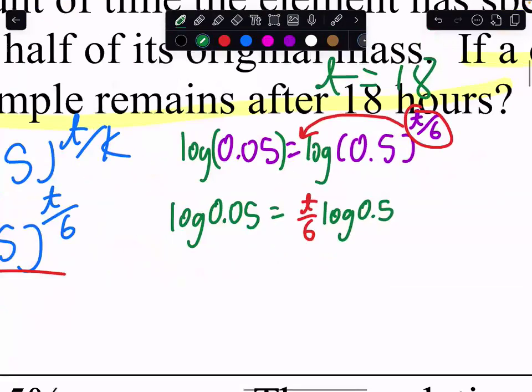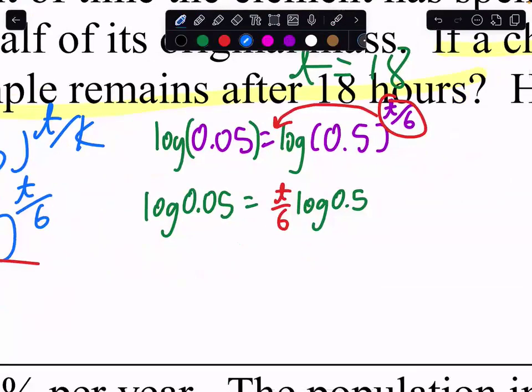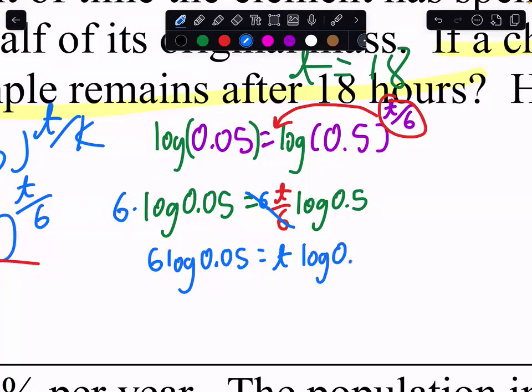Okay, so the variable t is still not by itself. I'll go ahead and multiply both sides by 6. Okay, and then lastly, the t is attached to the log 0.5, which means that it's multiplying it.